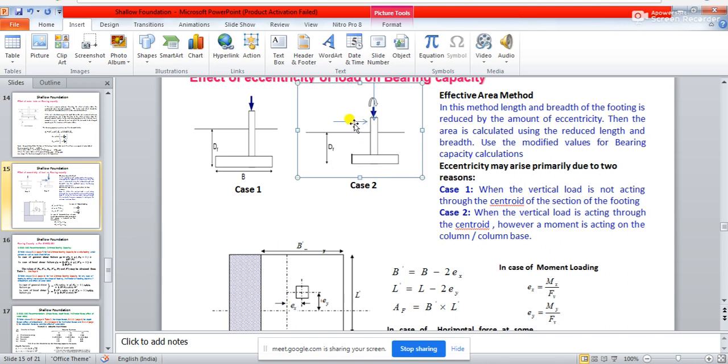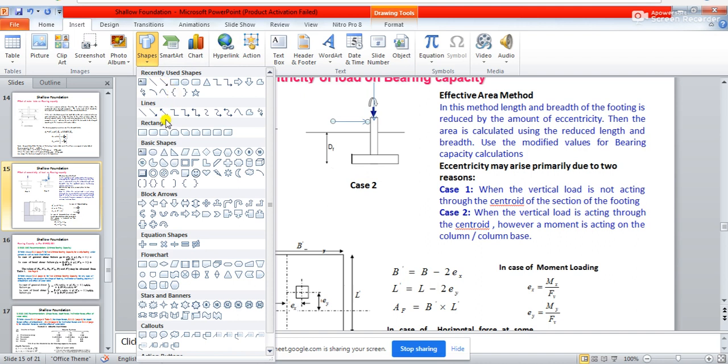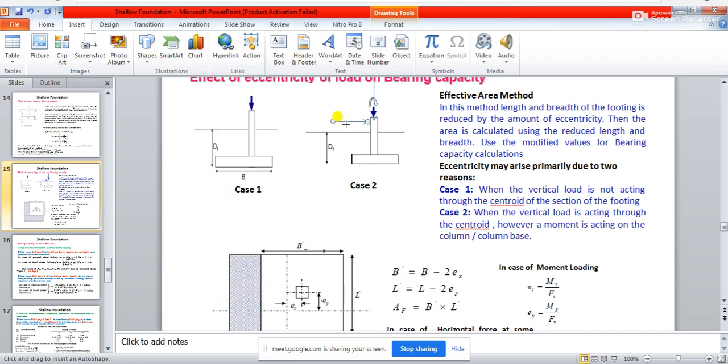This horizontal load multiplied by this lever arm, from here to here, will create a moment about the base of the footing, and this moment you need to take care of using the effect of eccentricity. You are getting?